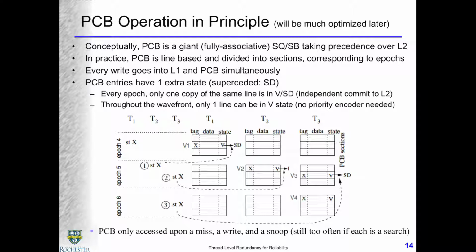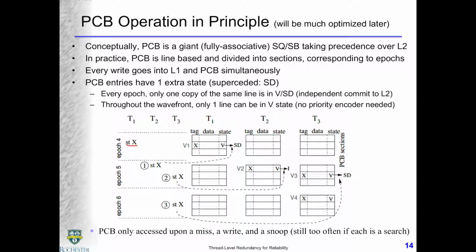Okay. So the PCB, again, is divided into sections, each section corresponding to an epoch. Every write has to go into the L1 as well as the PCB, and if it doesn't exist already in that section of the PCB, we allocate a new line, copy the entire line from L1 to PCB, and put the write in it. Okay, so I'm giving you an example. Over here, we're following a particular cache line that contains address X, and this is being accessed a couple of times.